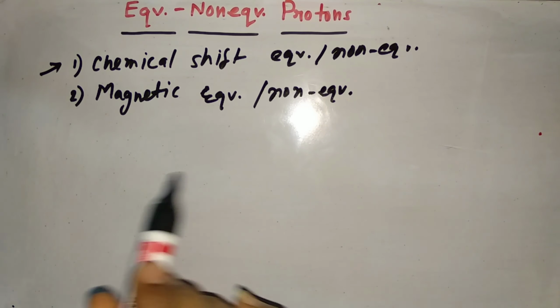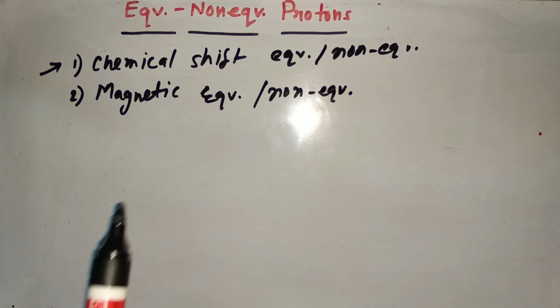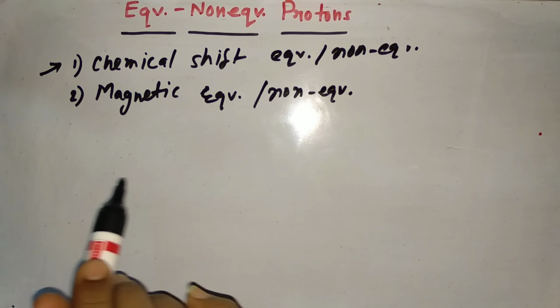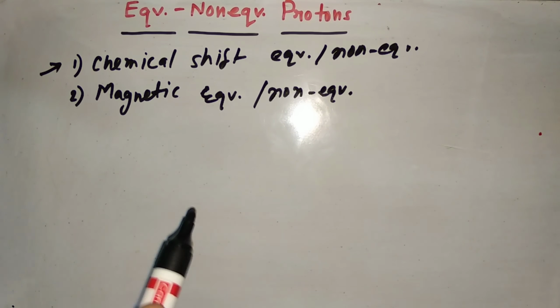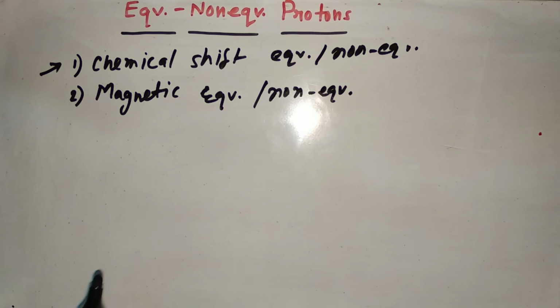And if those protons do not have the same chemical shift value, then we will say that those protons are chemically non-equivalent. Let's talk about the different operations that we may apply to determine whether two protons will be chemical shift equivalent or not.